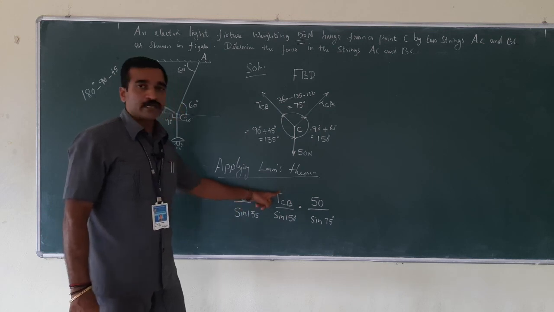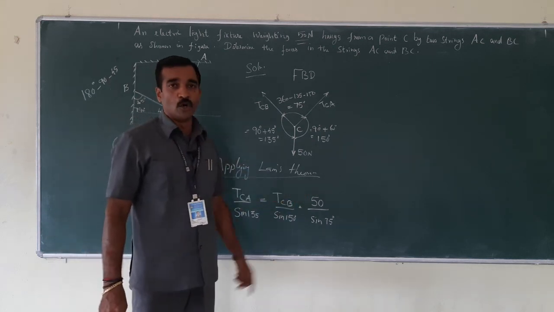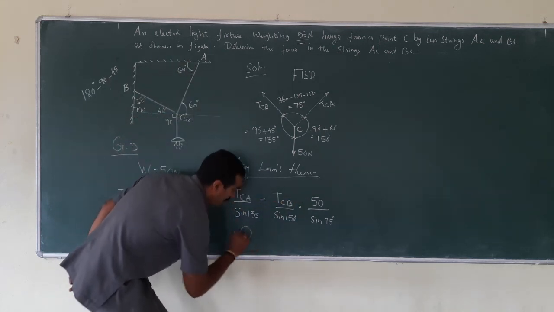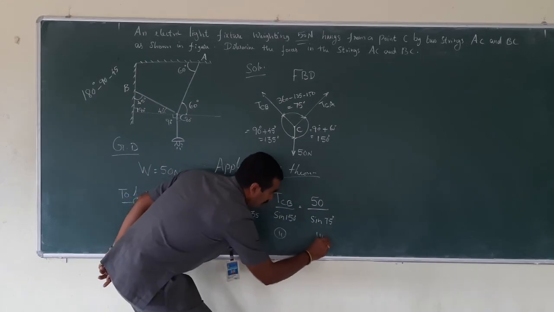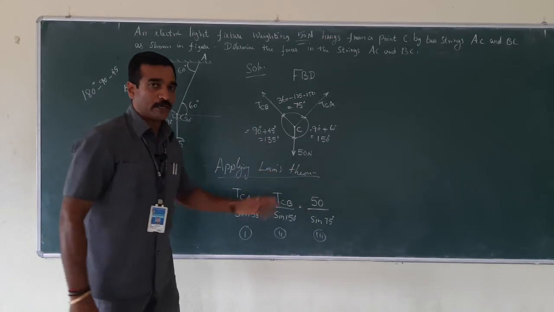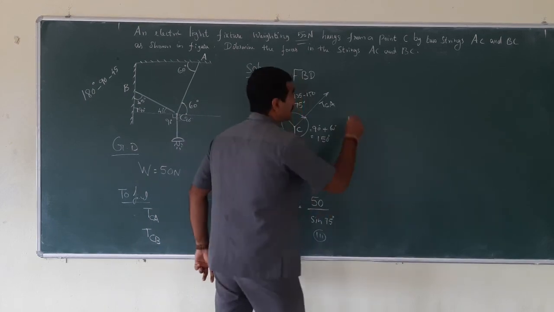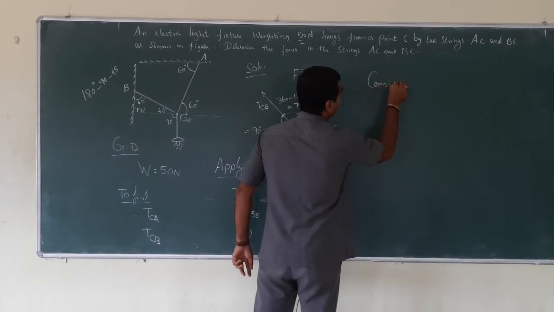Look at this equation. Here two are unknown and one is known. So let me take this as 1, this as 2 and this as 3. I am going to relate this one with the known one.